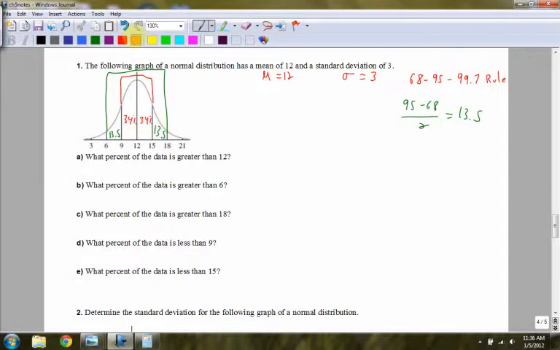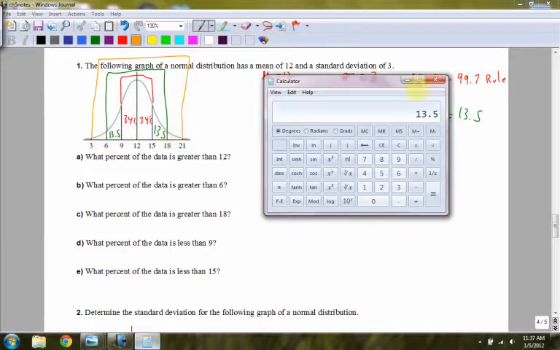And lastly, I have my 99.7, but I have to subtract off the 95% because I know that's what's left. So between those 2 points, between the 3 and all the way to the 21, and then again, because I have 2 spots, I'm going to have to divide that one by 2 as well.